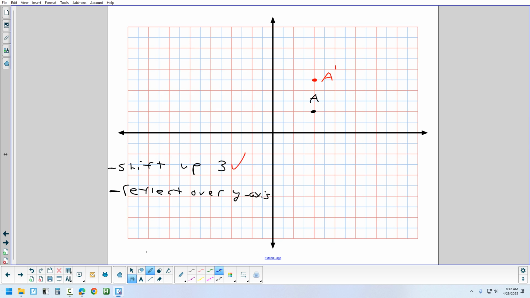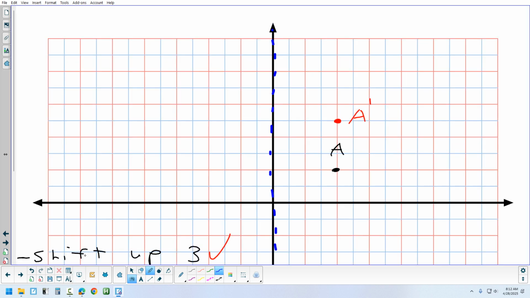Which way does the y-axis go? Is that the left and right or up and down? Up and down. So we're going to flip the A prime over that dotted blue line. How many units is A prime from the dotted line? 4. Yep, 4 units to the right.